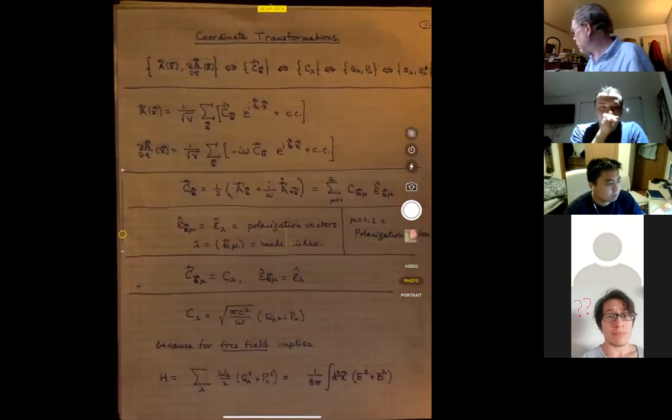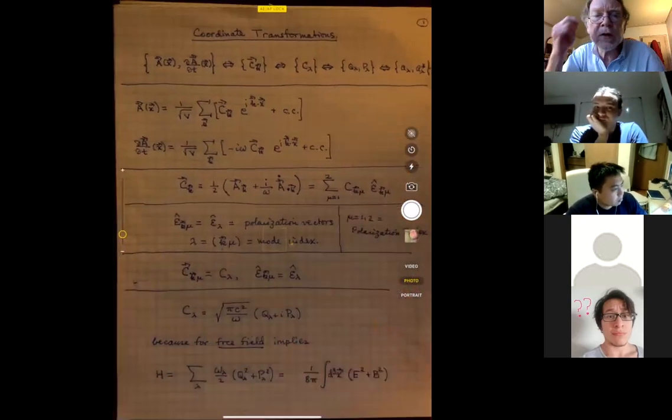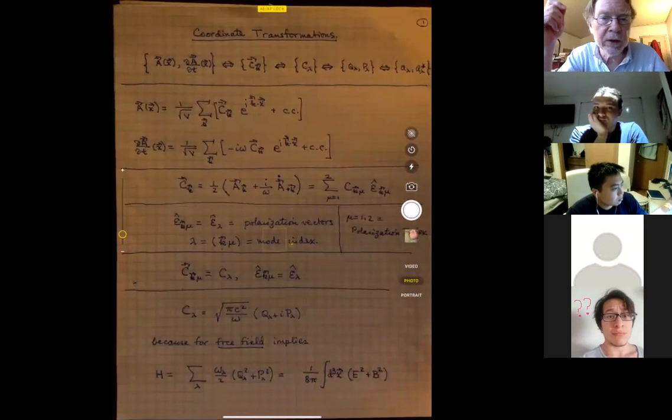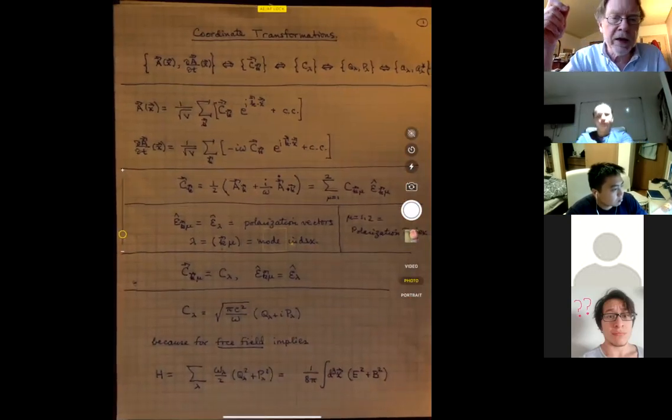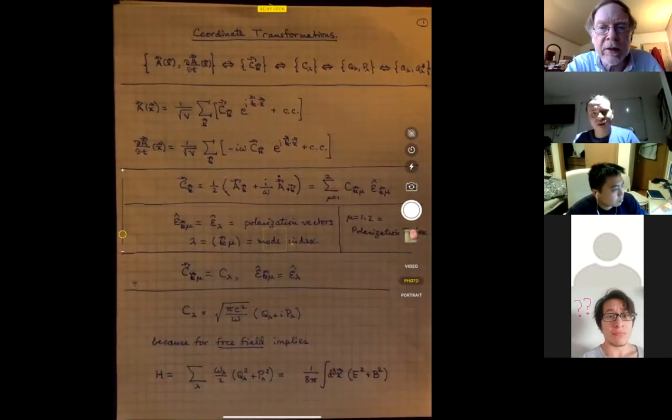All right, so to start with, what we did last time, an overview of it: we considered a series of coordinate transformations on the state space, or you might call it the phase space, of the classical electromagnetic field, starting with the case of the free field in which there's no matter.